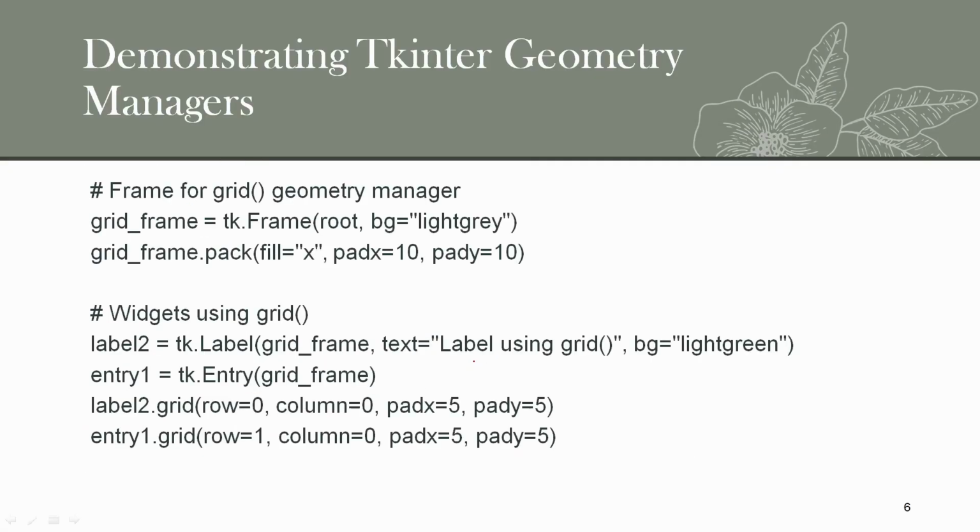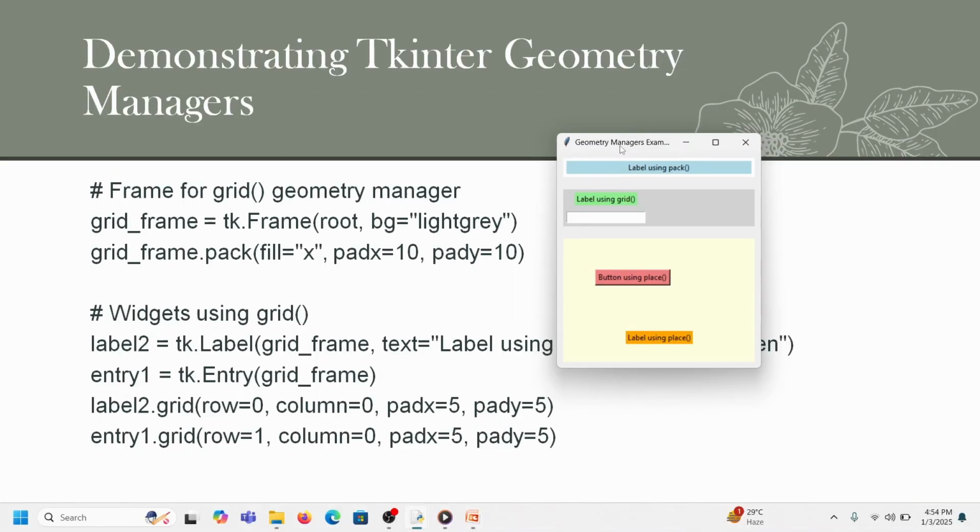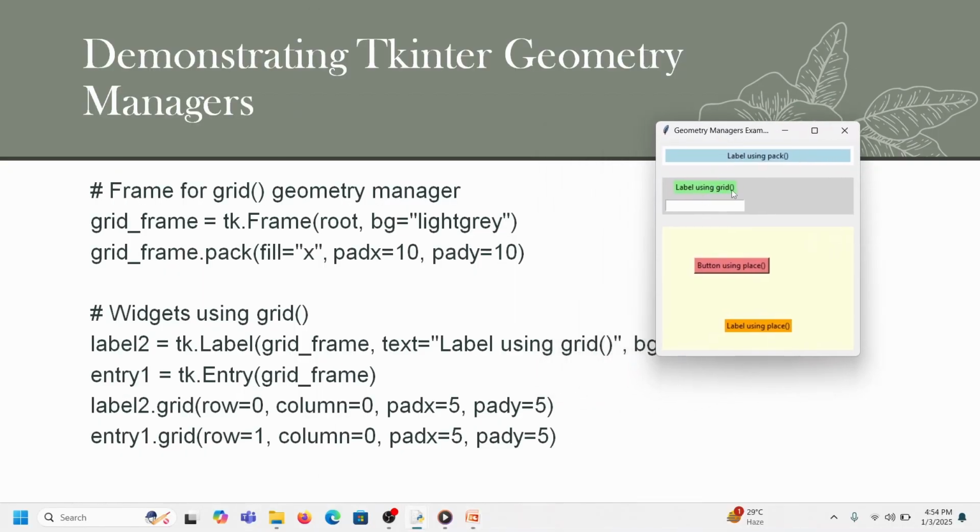Clear? Next, frame using grid. Next, label using grid(), and the background is light gray. Let's see grid. Here inside the grid we are creating two labels. Let's check the grid frame: tk.Frame of root, background color is light gray. Generally we created the pack with fill first. First we are creating the pack, right?